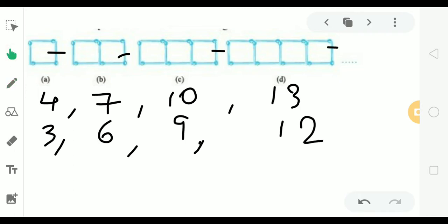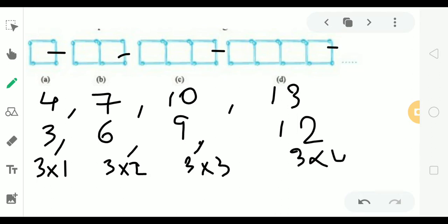Here we see the multiplication table of 3. So 3 times 1 is equal to 3, then 3 times 2 is 6, then 3 times 3 is 9, then 3 times 4 is equal to 12. This pattern we get when we remove one stick from the vertical side of each pattern.